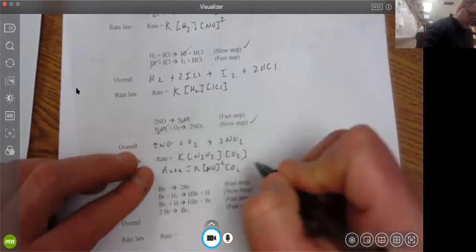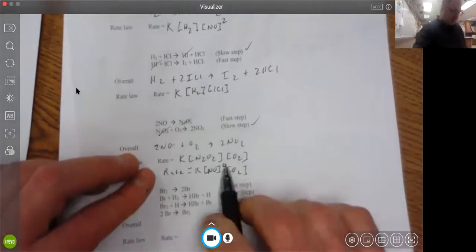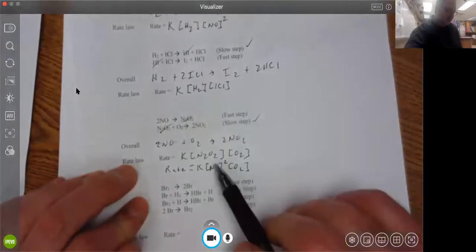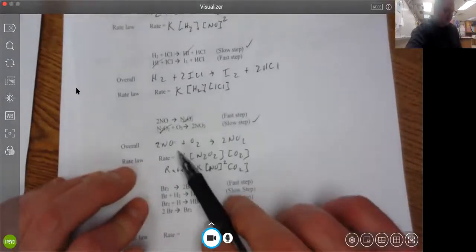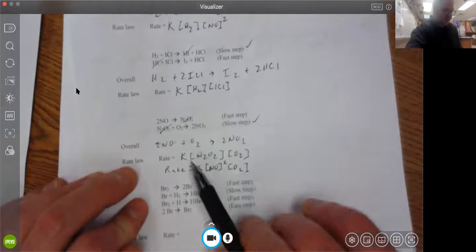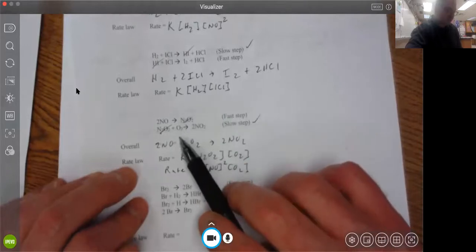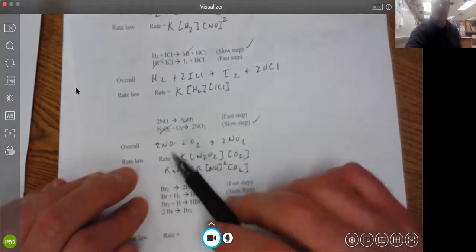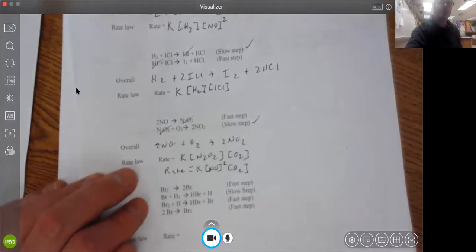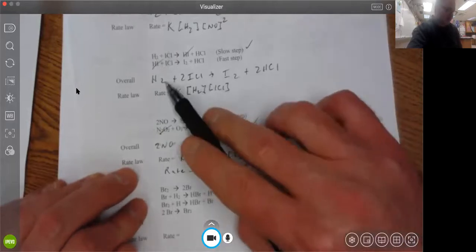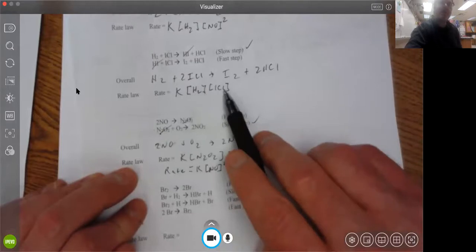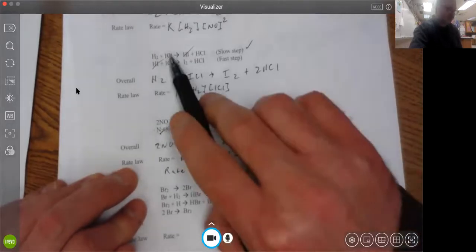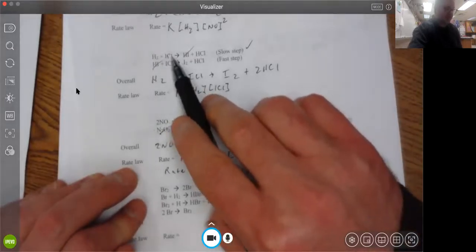And then the O2 again is still first order. Now, even though that matches up, this cannot allow you to determine this. It must be done from this reaction mechanism or from experimental data. As we saw here, H2 plus 2ICl, this is not second order because of the coefficient in the slow step.